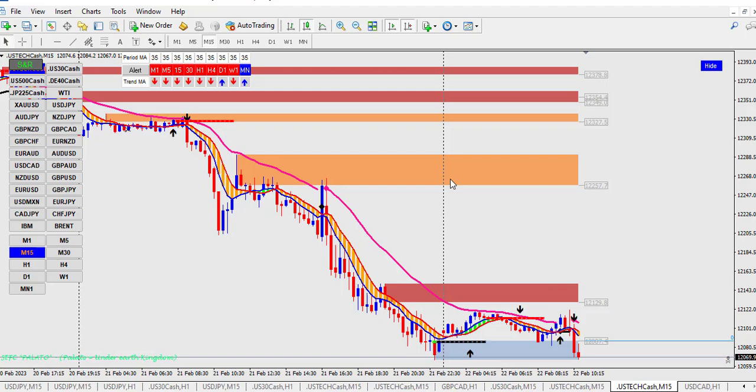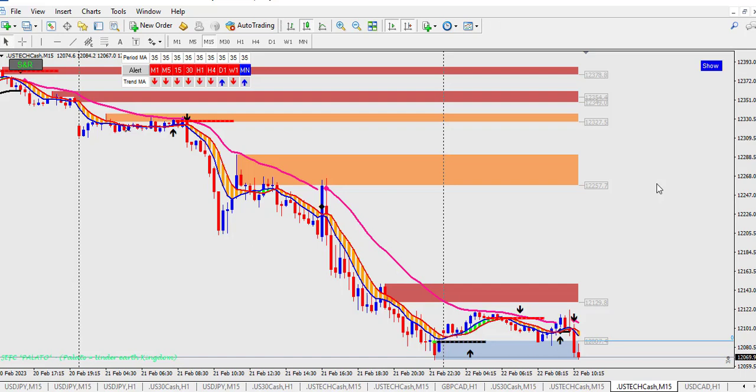I have combined few indicators together to make sure that this strategy works really well for all pairs. You can use this on indices, Nasdaq 100 or US 30 or US Tech on MetaTrader 4. This is not for MetaTrader 5 strategy, and you cannot use this on Derive.